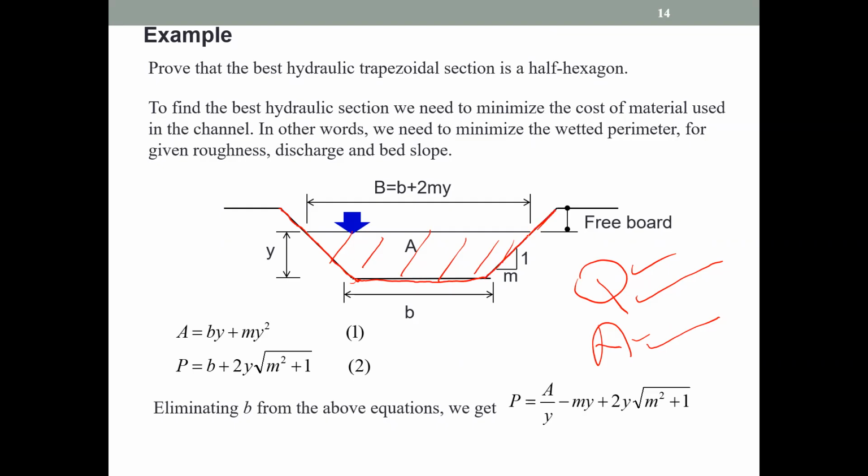Suppose that you are going to construct a concrete channel. Then the amount of the concrete will depend on this wetted perimeter. It is that simple. And also the amount of the excavation will depend on this one, the wetted perimeter. So you are going to minimize this wetted perimeter while keeping A and Q constant.